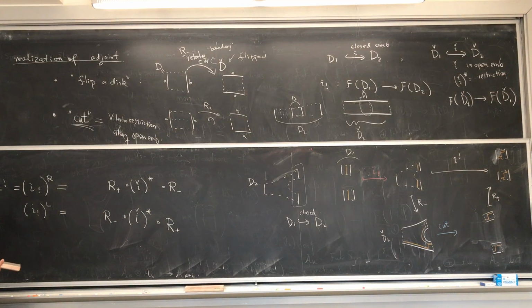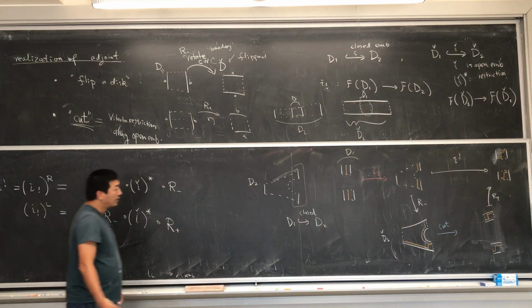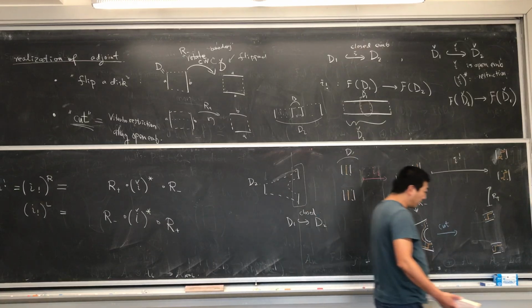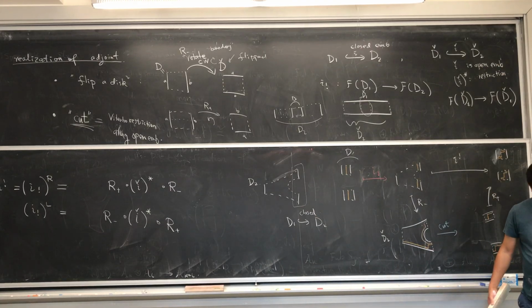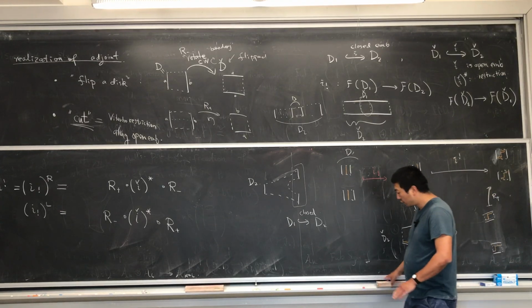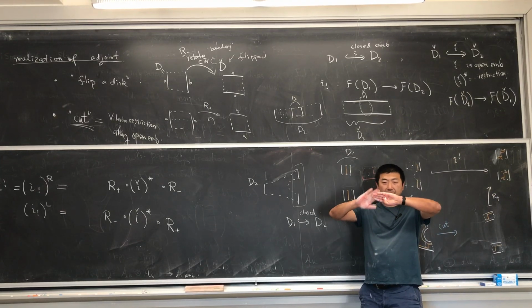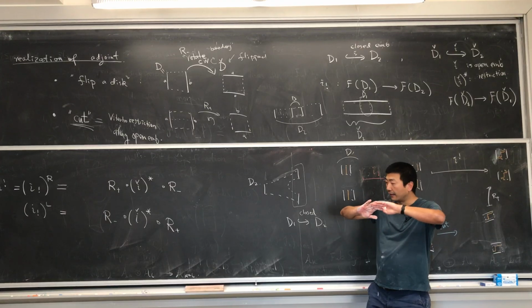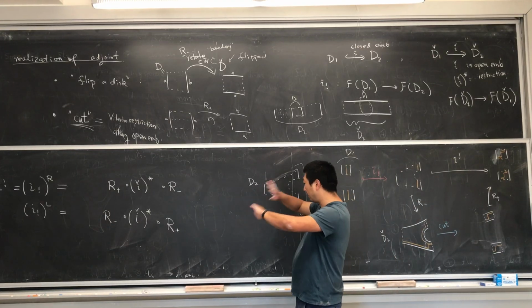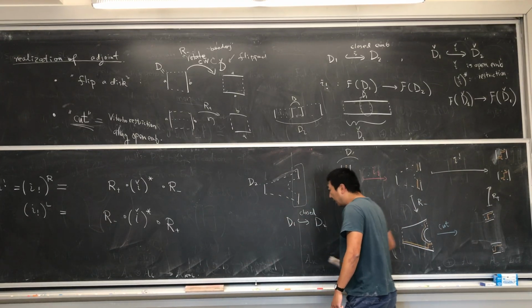What does it buy me? What it buys me is that we can now think of the Fukaya category of two disks that overlap in terms of the category of each individual part.